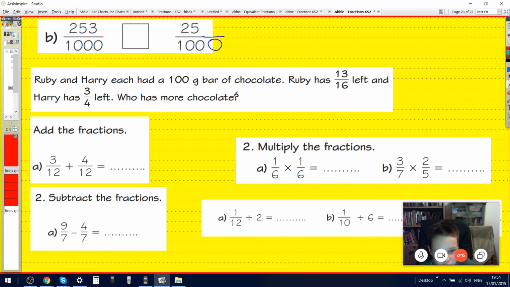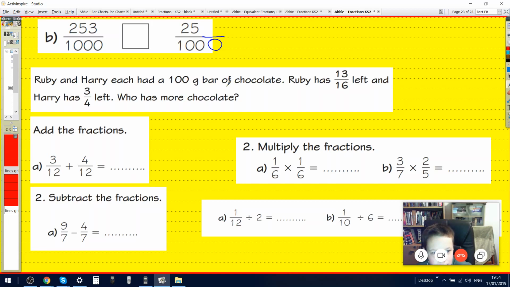Now the denominators are both the same. 253 is bigger than 25, so 253 over 1,000 is bigger than 25 over 1,000.